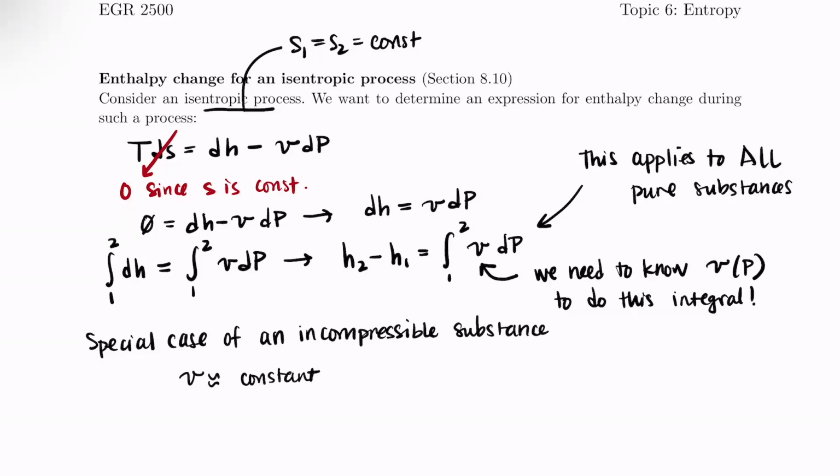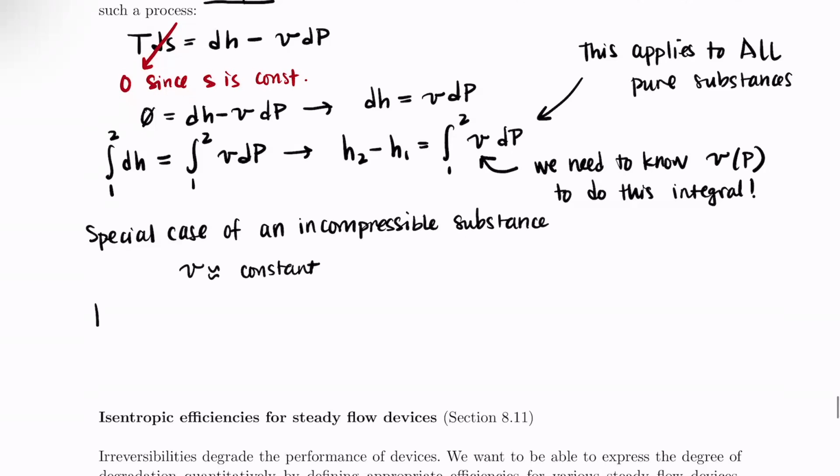So if it's incompressible, you can apply all the pressure you want to it and the specific volume is not going to change because it does not compress, okay? So that means that we have h2 minus h1 is equal to the specific volume times the integral of dP from 1 to 2, right? So since v is a constant, we can pull it out of the integral, and then we just get v times P2 minus P1. All right, so this is our relationship for an isentropic incompressible substance.